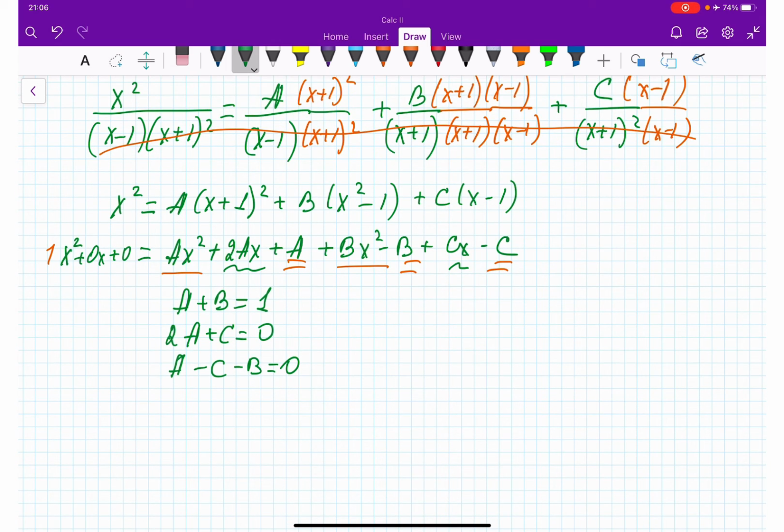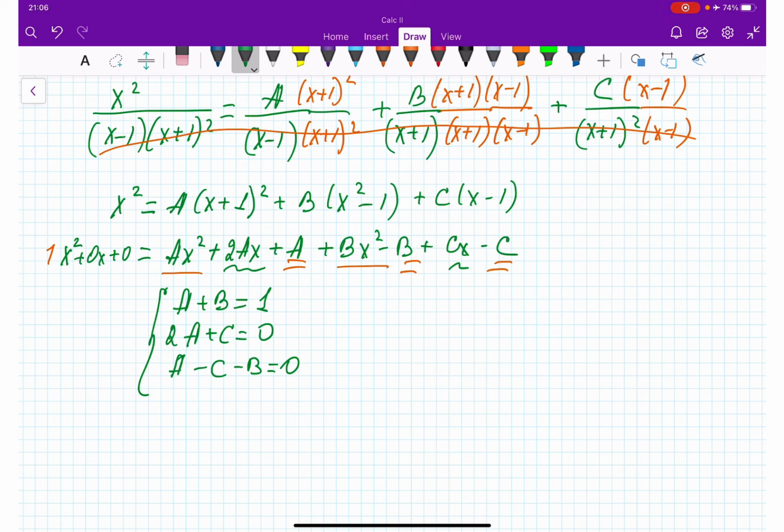Well, let's solve it. A plus b equals 1. So what can I do from here?